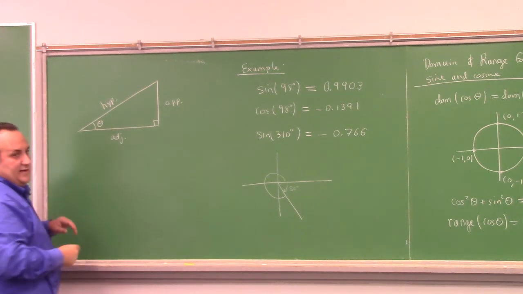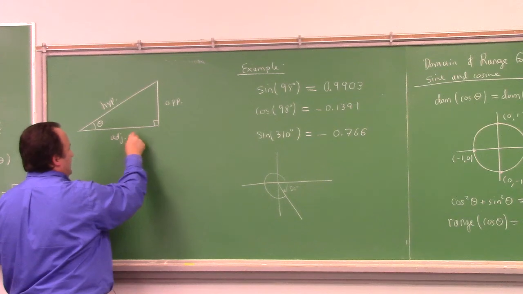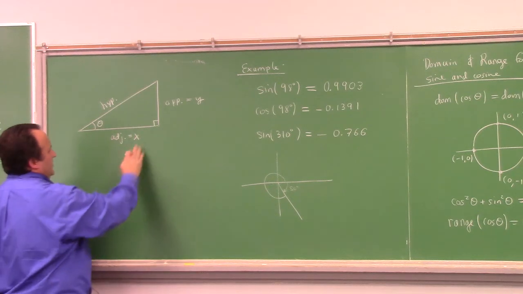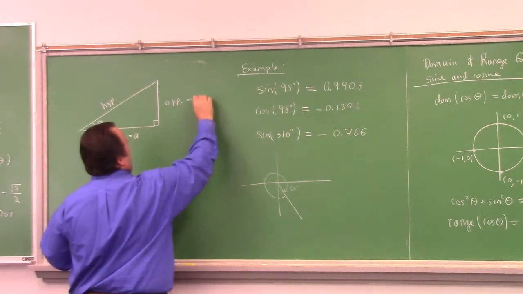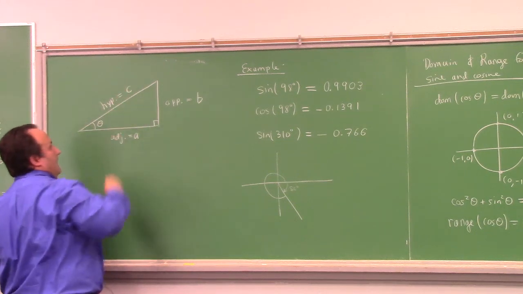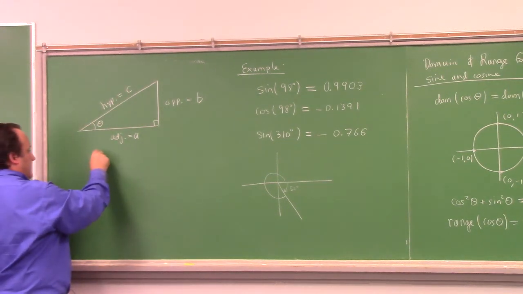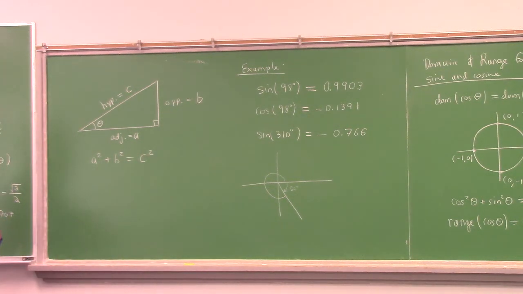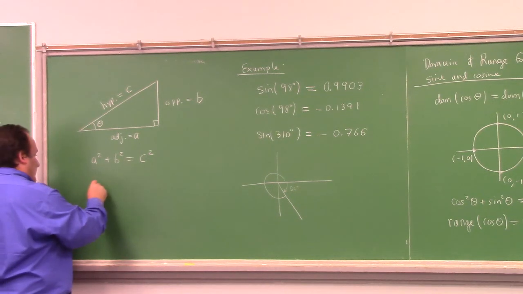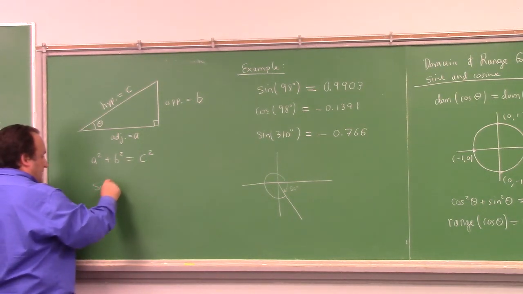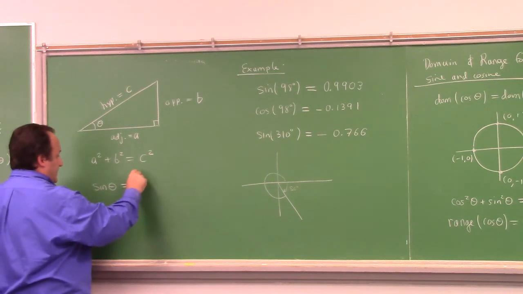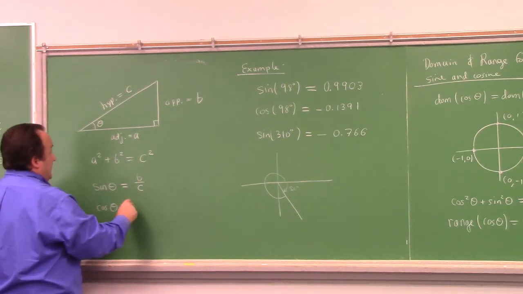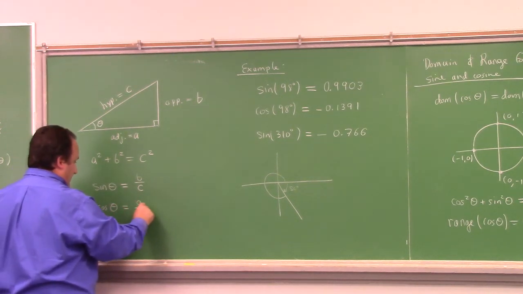A lot of times you could call these sides A and B, and then this would be C. And of course, you know the relation: A squared plus B squared equals C squared, Pythagorean theorem. Then in right triangle trigonometry, you simply introduce sine and cosine as the geometric ratios. Sine theta is opposite over hypotenuse, which is B over C, and cosine theta is adjacent over hypotenuse, which would be A over C.